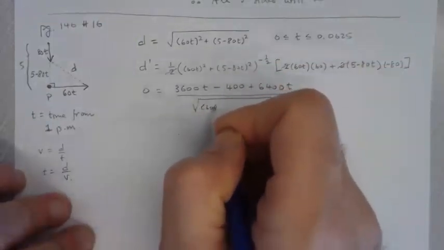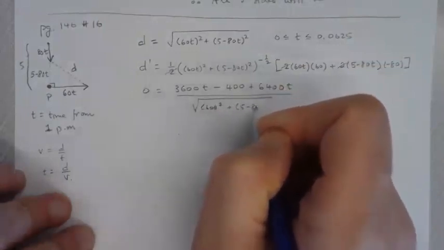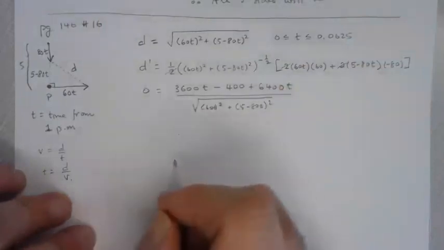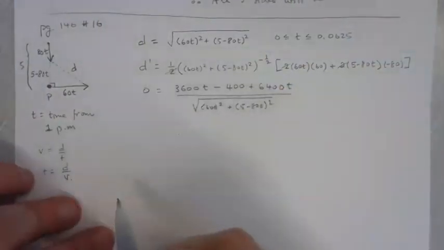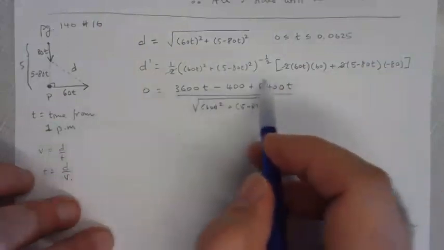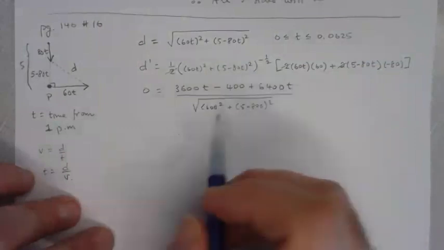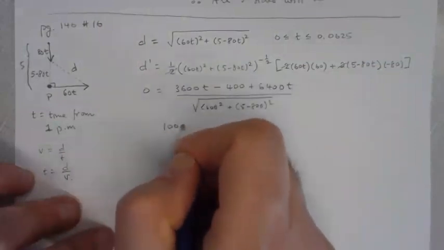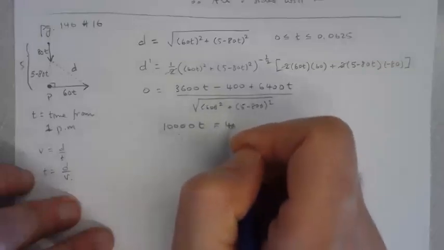I'm almost tempted not to write it out, but for good measure, I'll write it all out. But of course, I don't care about this denominator because I could just multiply to the other side. So essentially, I just have to work with this numerator function. 3600 plus 6400 is 10,000t. Bring the negative 400 to the other side.